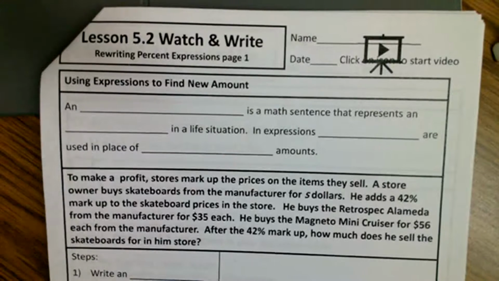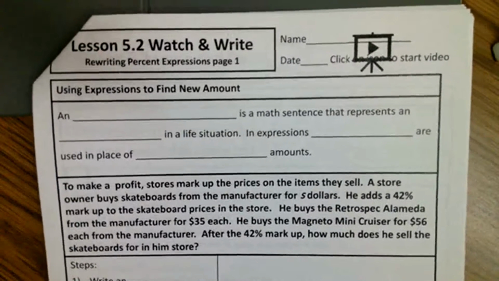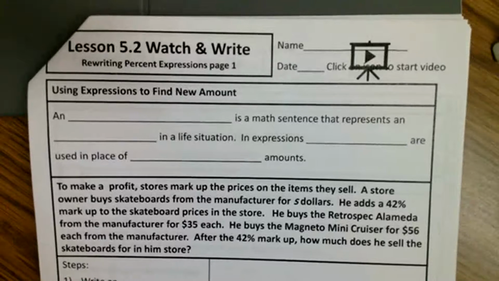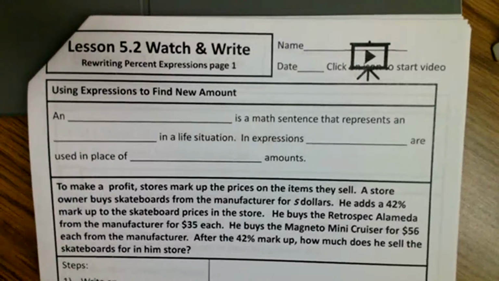So let's say I make jewelry and I sell my jewelry to a store. The store will buy my jewelry and add a markup, and that way they make money. When people come buy it in their store, they sell it for more money than they paid for it. The amount that they add is called the markup.